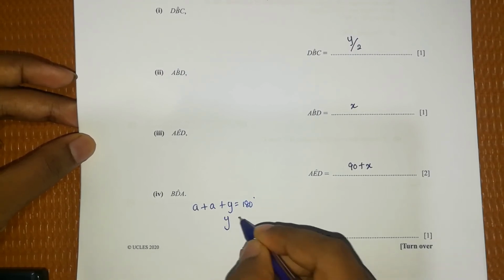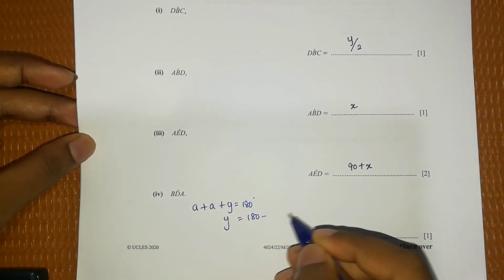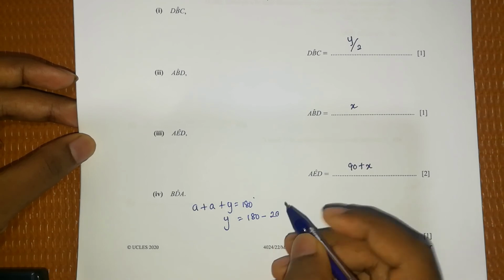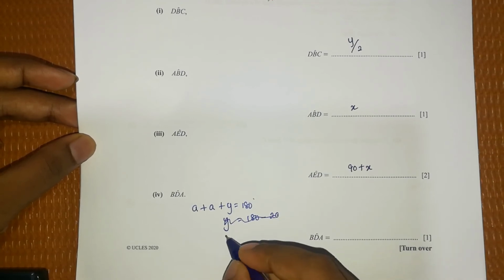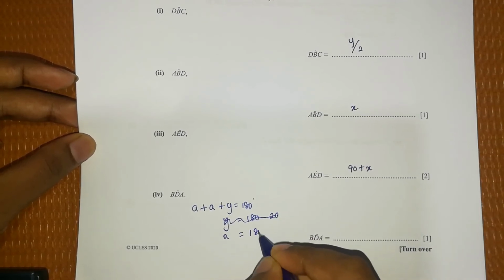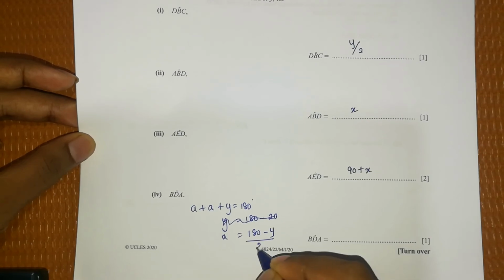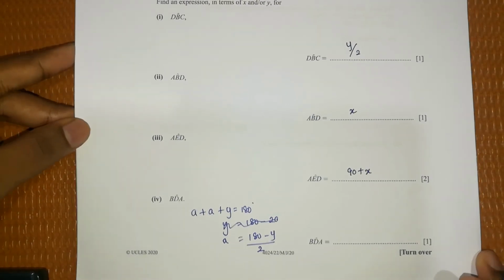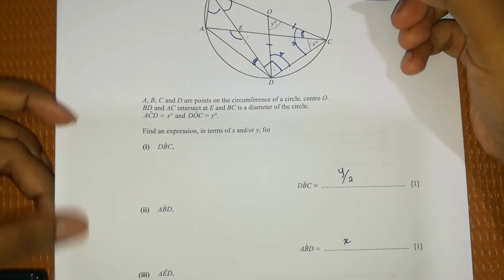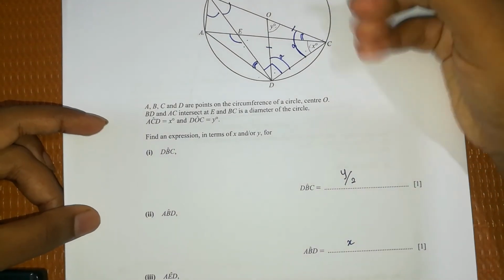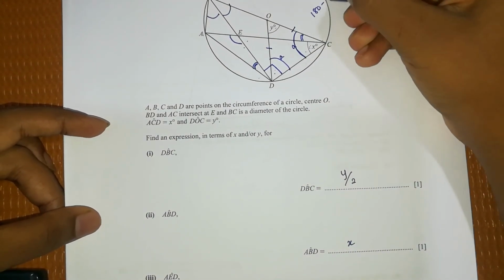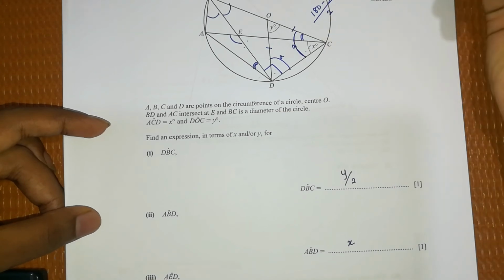In order to find A, that is (180 minus y) divided by 2. So this whole angle is (180 minus y) divided by 2.